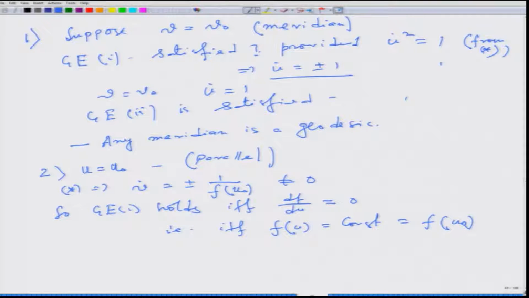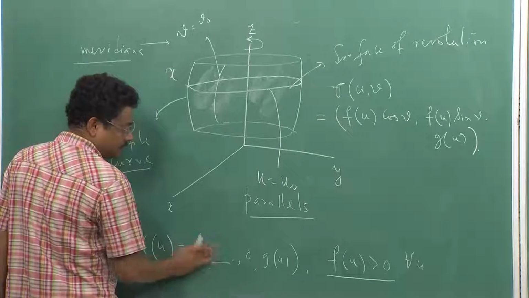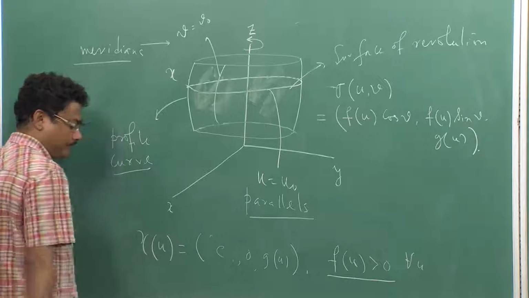Then G2 also holds, hence a parallel is a geodesic provided f(u) is constant. So, in my curve gamma, this f(u) should be some constant c.